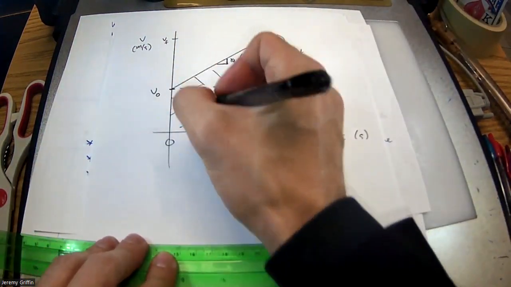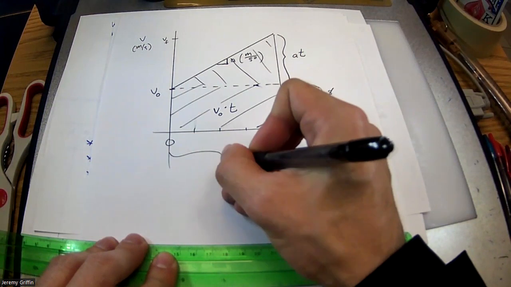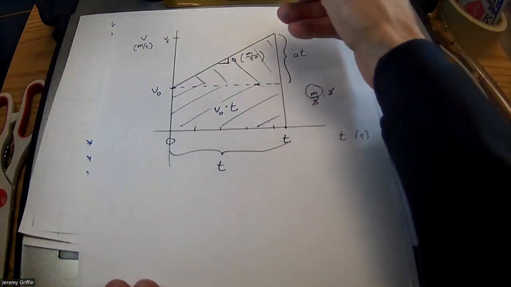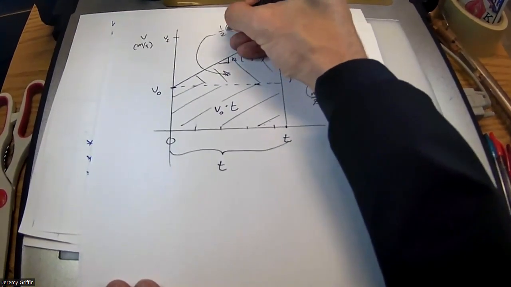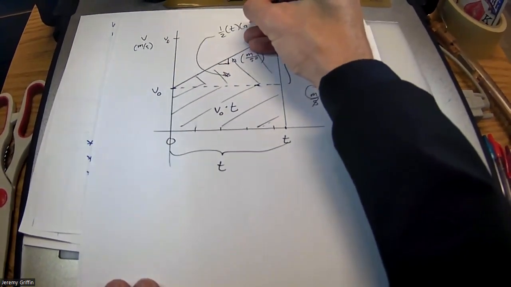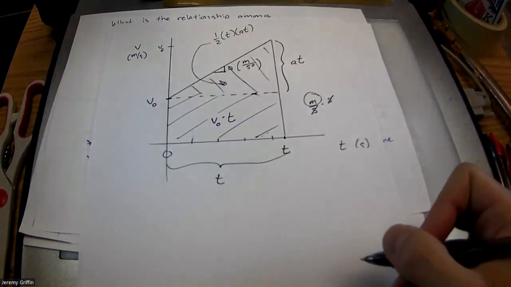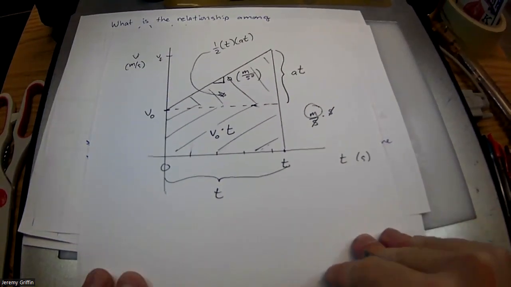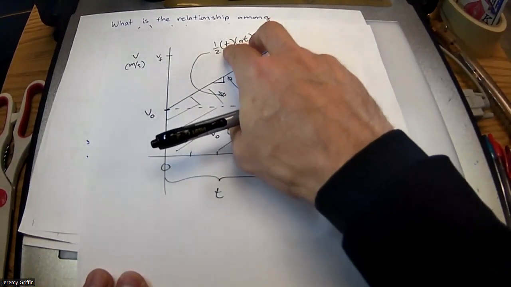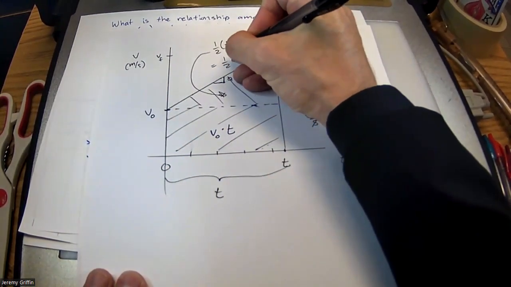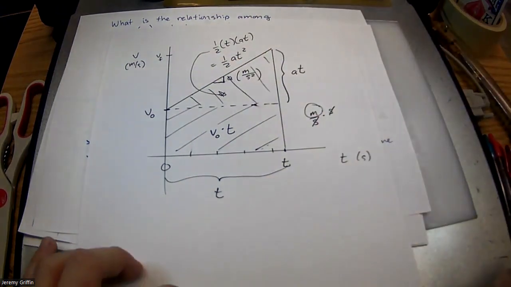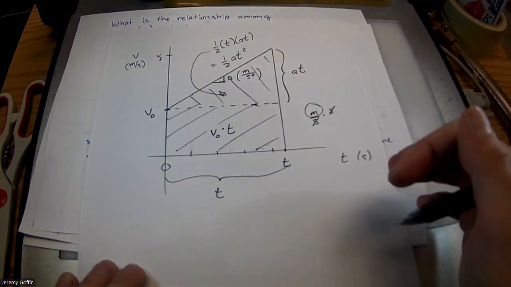This base is some time t. So the area of a triangle, that area right there, is 1/2 times the base times the height of the triangle, right? And that's the same time, isn't it? Can I call that 1/2 at squared? Is that okay?